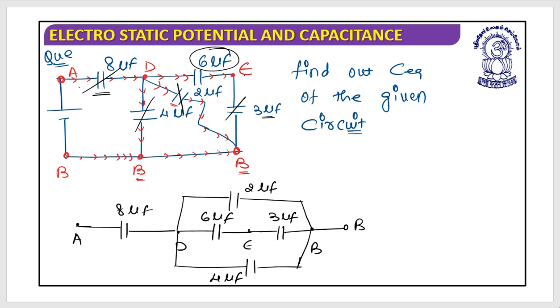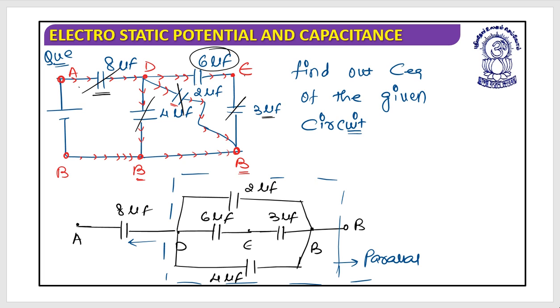So this construction is a parallel combination, and with this C equivalent, this has been connected in series. I hope these things are clear to you. So can you calculate this?